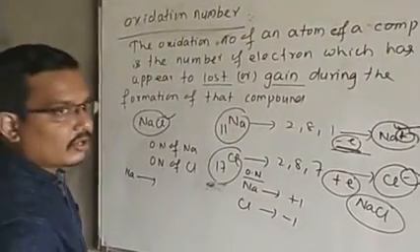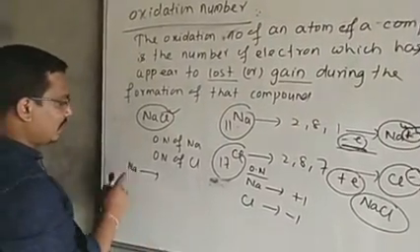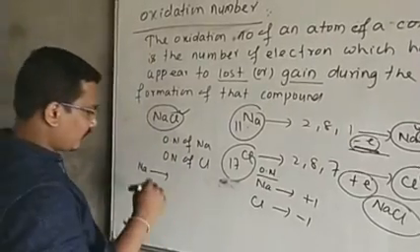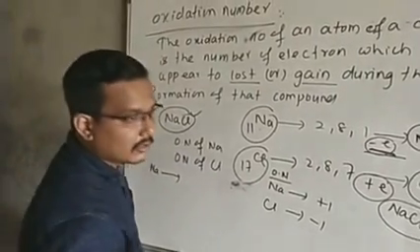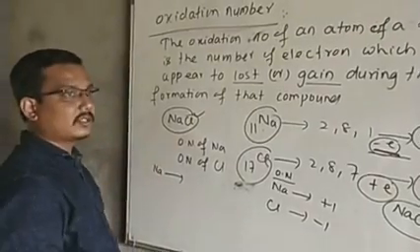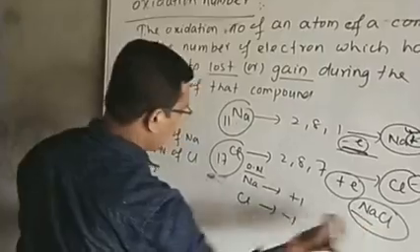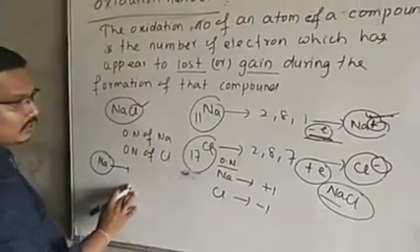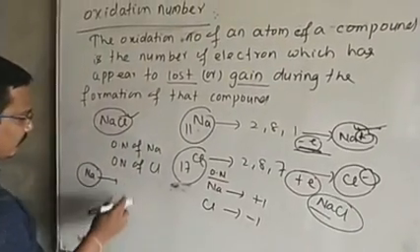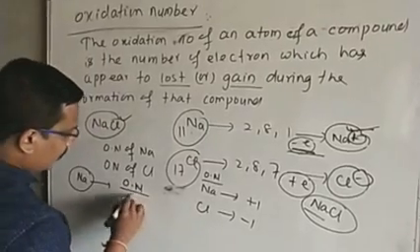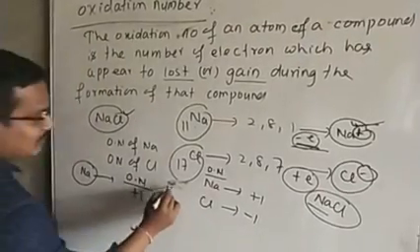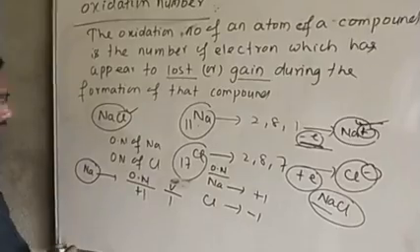The number of electrons lost, shared or gained during the formation of a bond is called the valency. In this NaCl compound, the sodium atom loses one electron, so the oxidation number of sodium is +1, but the valency is 1, that is monovalent.